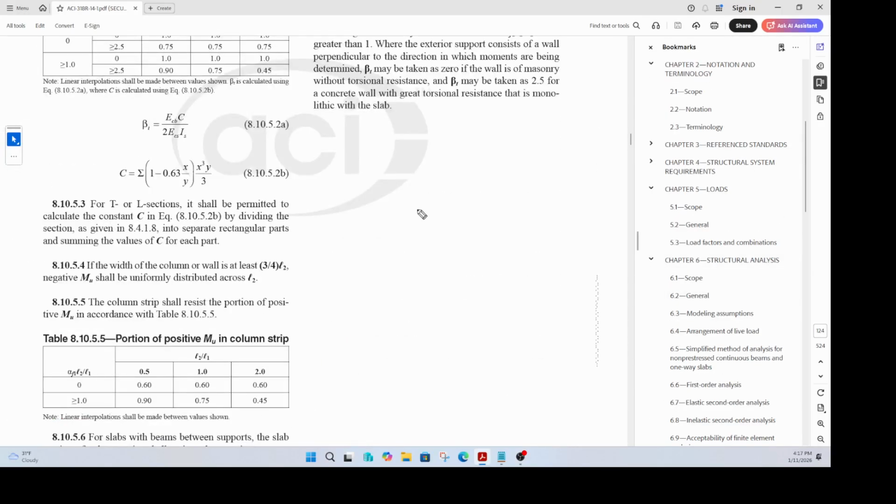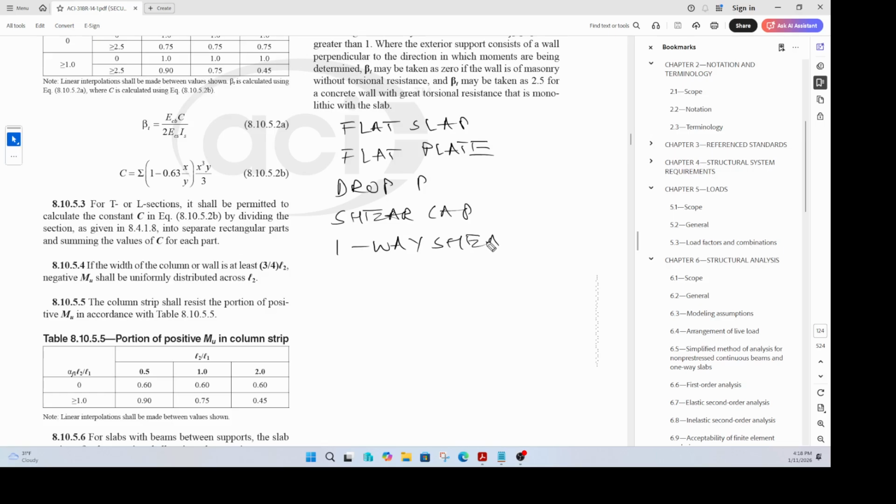So we talked about flat slab, flat plate, right? We talked about drop panel. We talked about shear cap, right? We talked about one-way shear. We talked about two-way shear and where those critical sections are and how to find that information in the code.